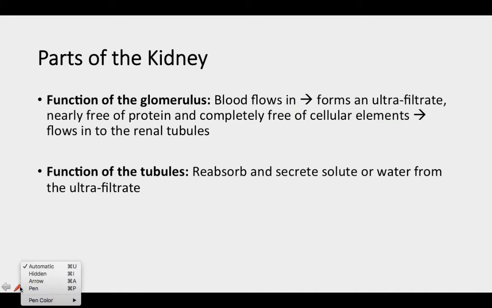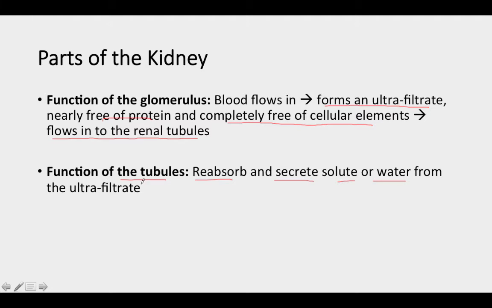So just to reiterate, the function of the glomerulus is to form an ultrafiltrate, nearly free of protein and completely free of cellular elements. And this ultrafiltrate flows into the renal tubules. The function of the tubules is to reabsorb and secrete solute or water from the ultrafiltrate according to the body's needs.